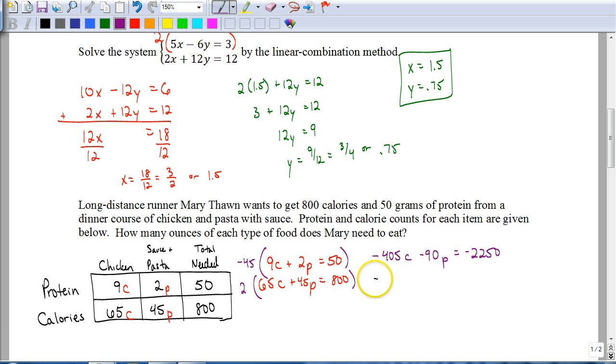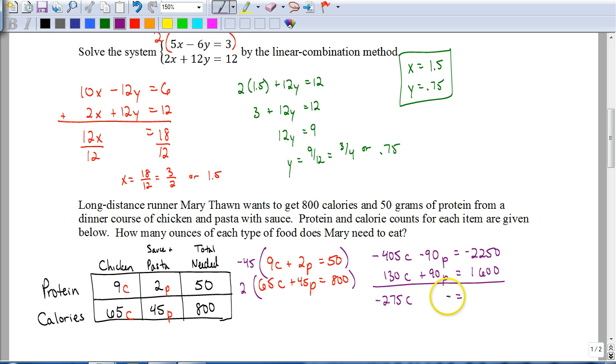Multiply everything by 2 in the second equation, that's going to give me 130C plus 90P equals positive 1,600. When I add these together now, I'm going to add negative 405 plus 130, that's going to be negative 275C.